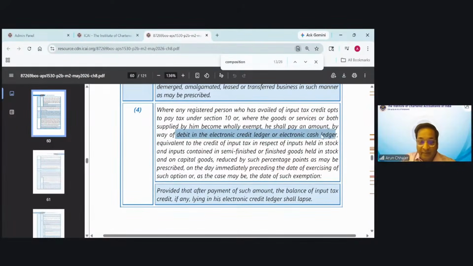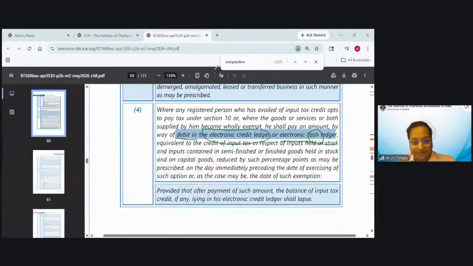In the first example, ITC was 4 lakh, so I have sufficient credit ledger and I will debit the entire amount through the credit ledger. In the second portion, where I have assumed 3 lakh, my reversal becomes 386. So 3 lakh you can debit through credit ledger, and the balance amount you need to pay in cash. That is the reason I used the 3 lakhs.